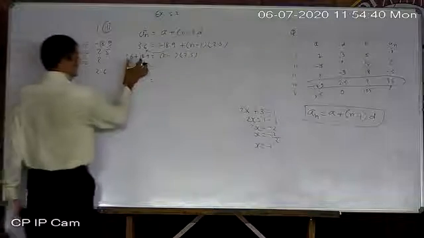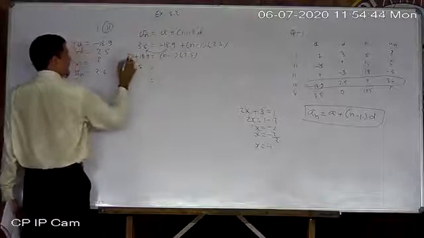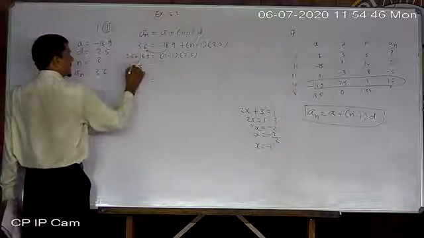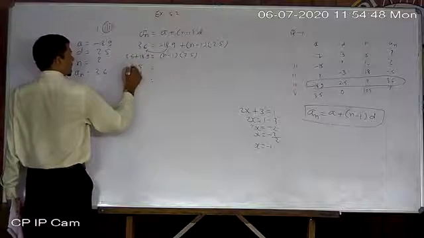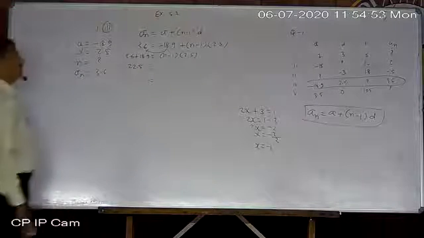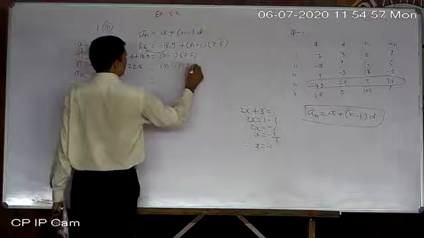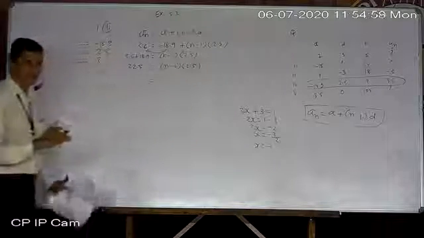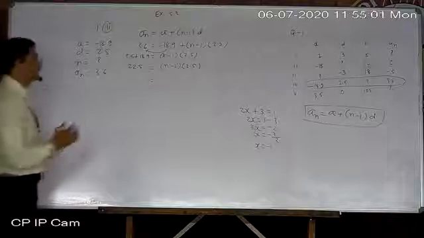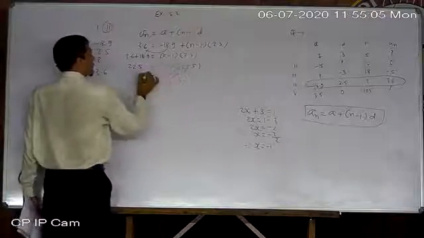Now just make the addition: 9 plus 6, 15; 3 plus 1, 4; 4 plus 8, 12; 1 plus 1, 2. So 18 plus 3, 21, 22.5. Now N minus 1, 2.5. Whatever is left on the right side, just write it down. Now it is the turn of 2.5, so from here.